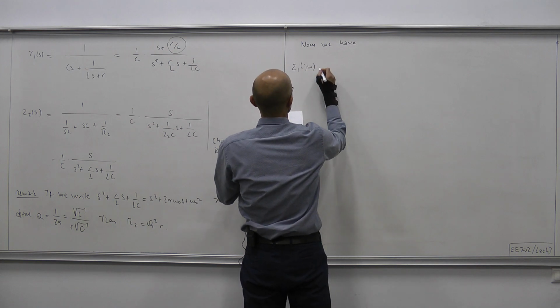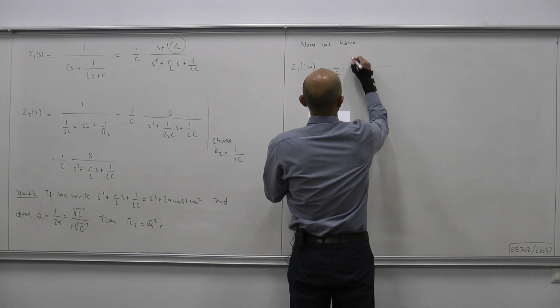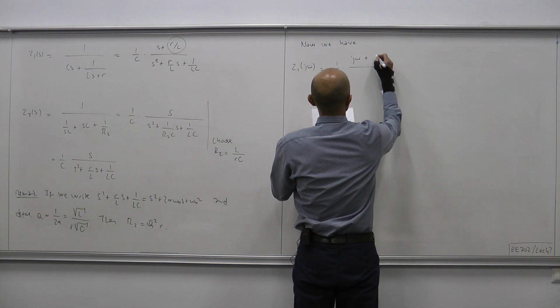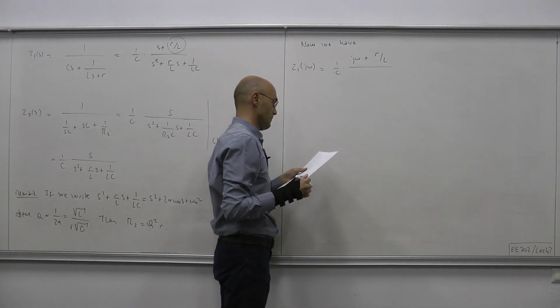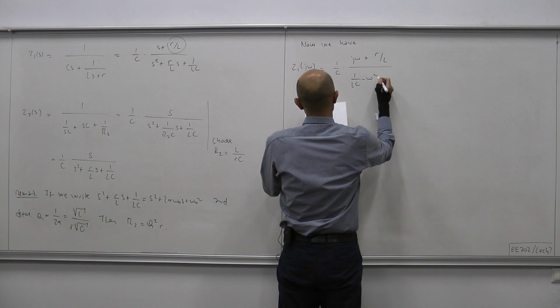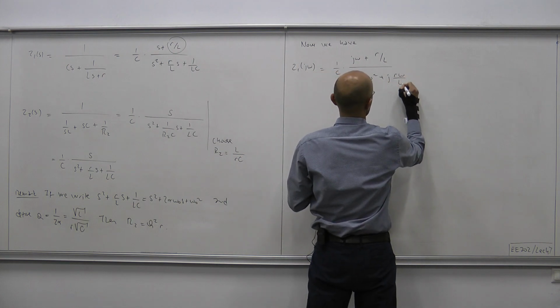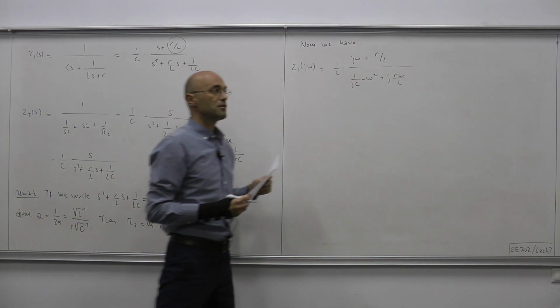Z1 of j omega equals 1 over C times j omega plus R over L, divided by the denominator, omega squared plus j R omega over L. So that's our Z1.